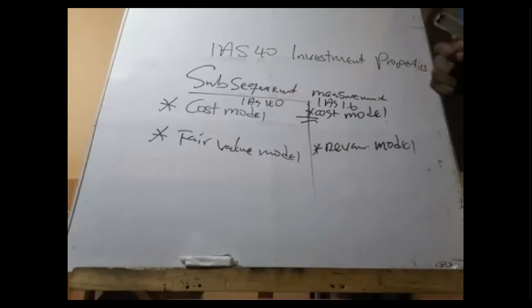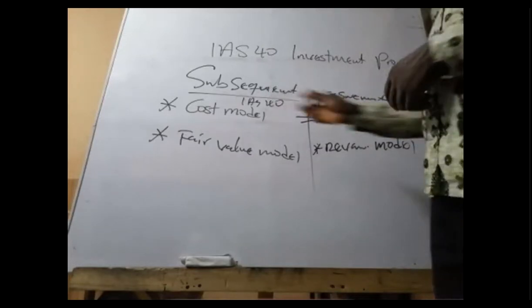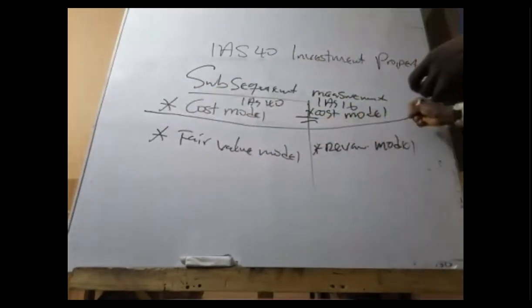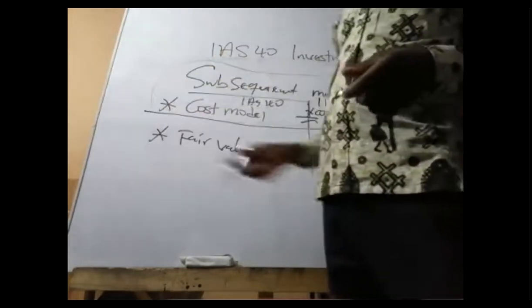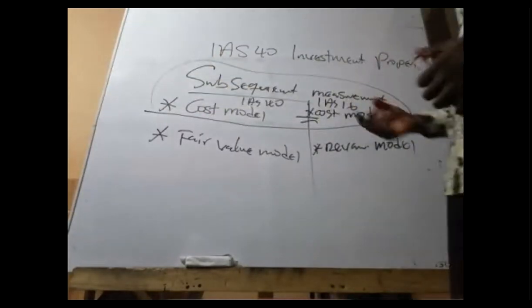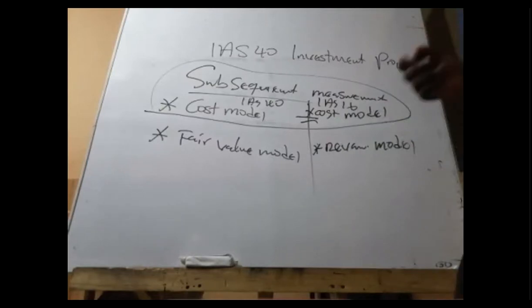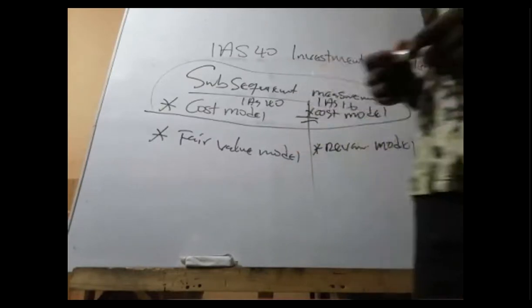This is just a matter of a decision by the company. They should decide and pick one out of the 2. So these are the same, so I'll not read it again. If you need any further detailed explanation, you can use the IAS 16 cost model.